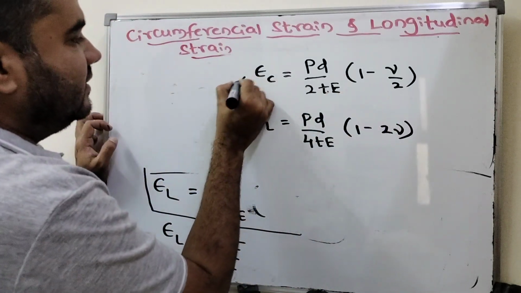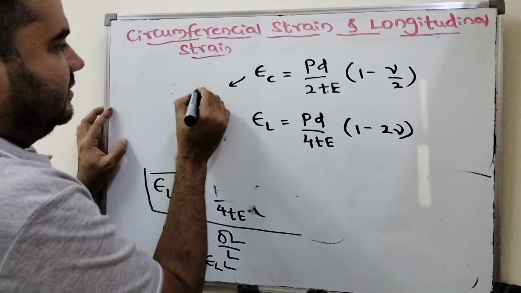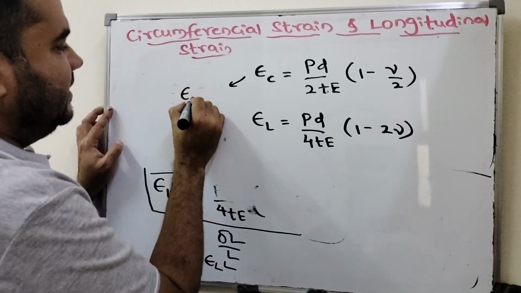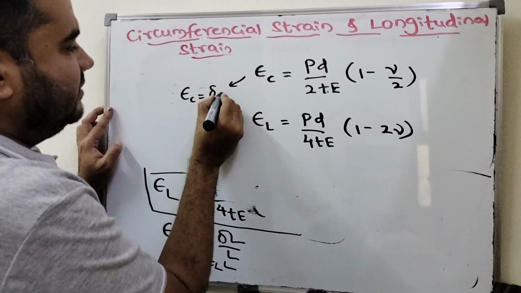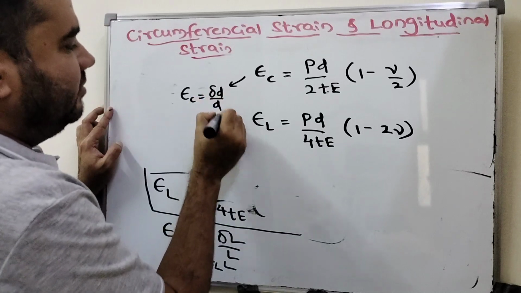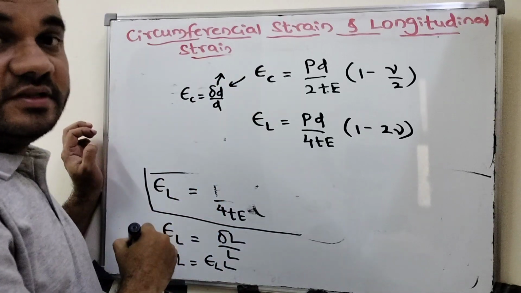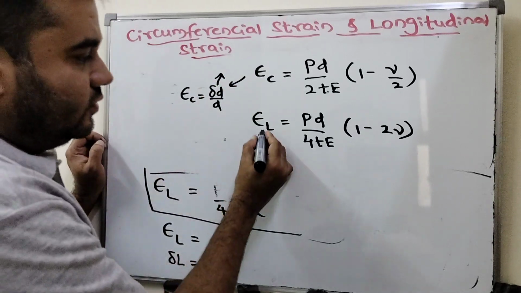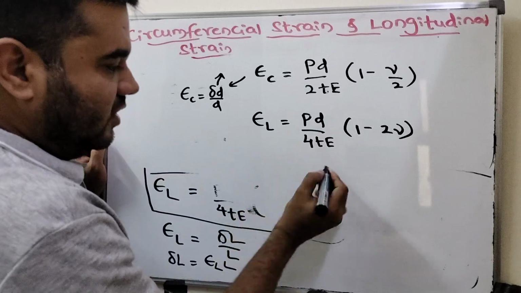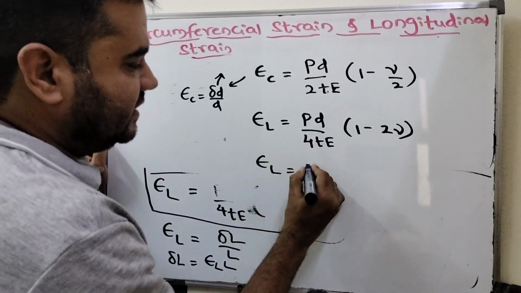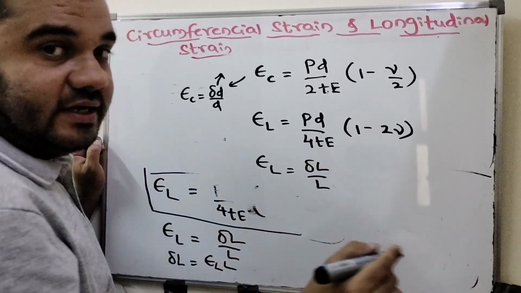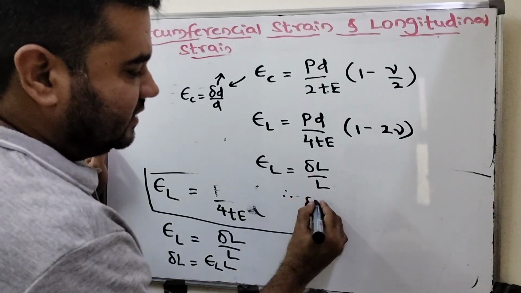Related to this, the circumferential strain is change in diameter divided by original diameter, so from this you can find the change in diameter. Similarly, the longitudinal strain is change in length divided by original length, and from this we can find the change in length.